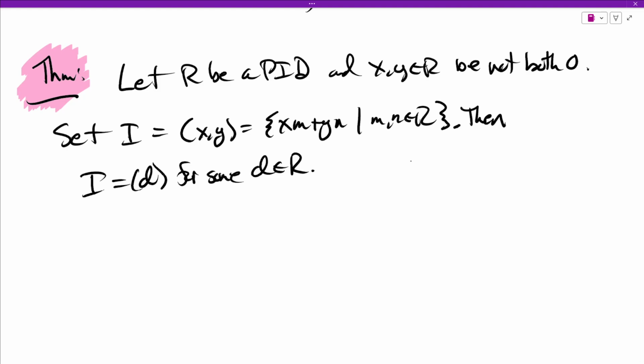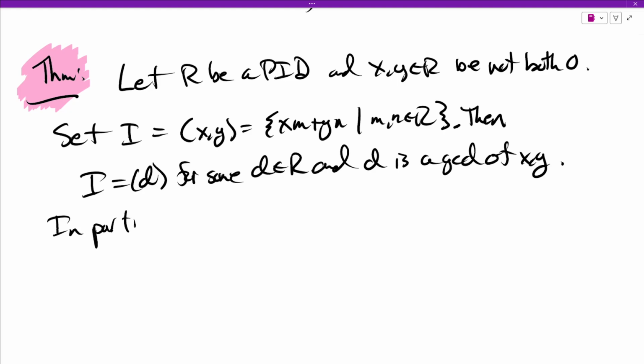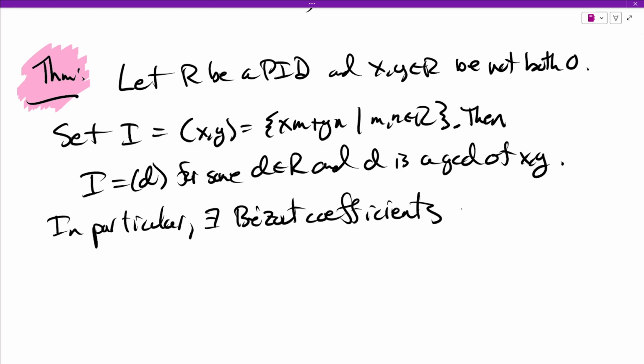And this d is a GCD of x and y. In particular, there exist Bezout coefficients s and t in R such that xs plus yt is d.